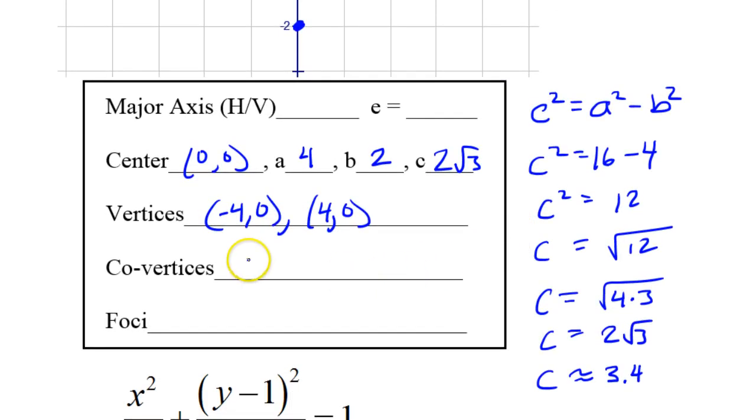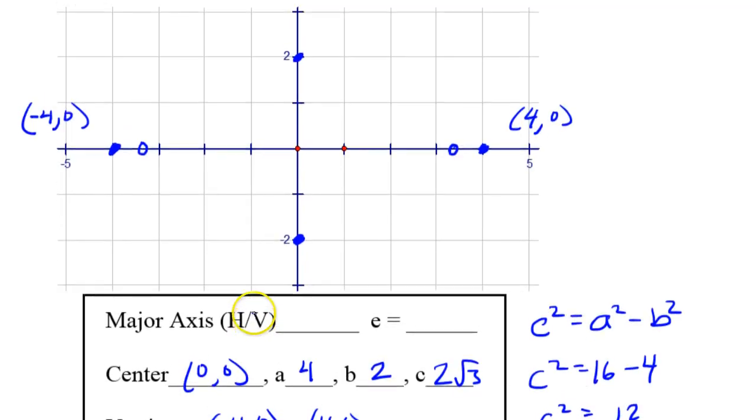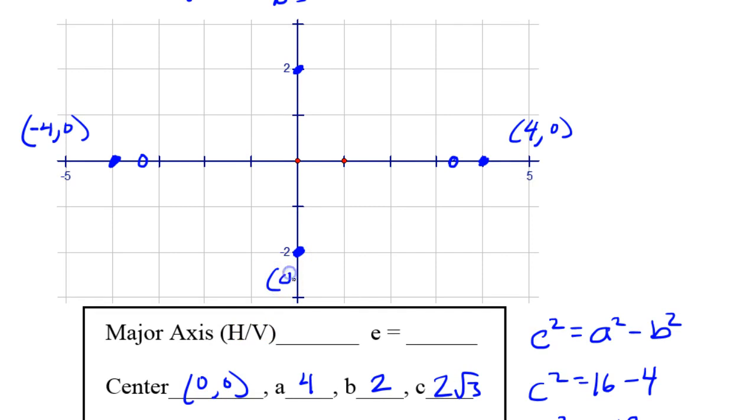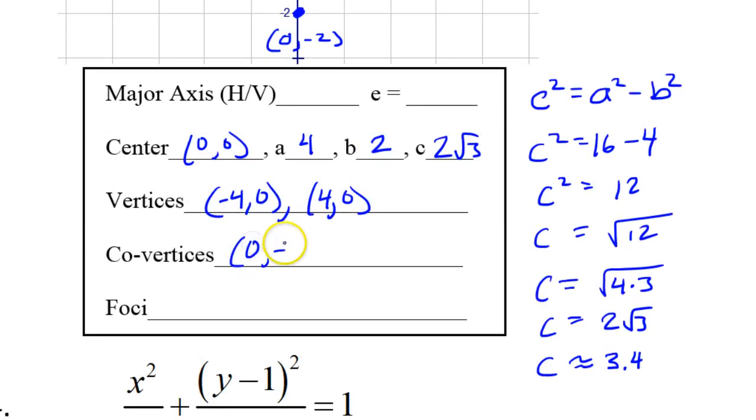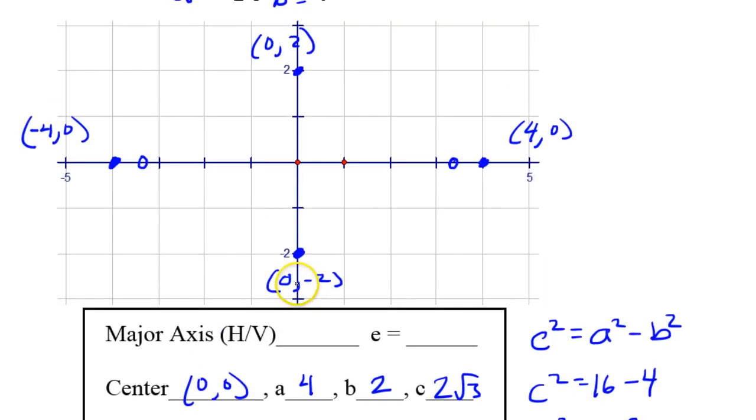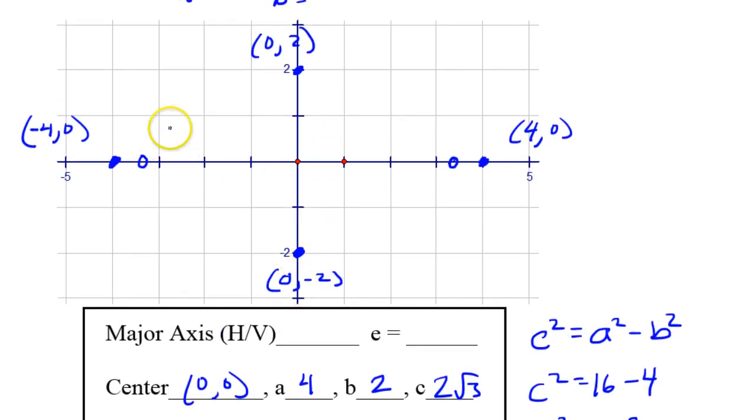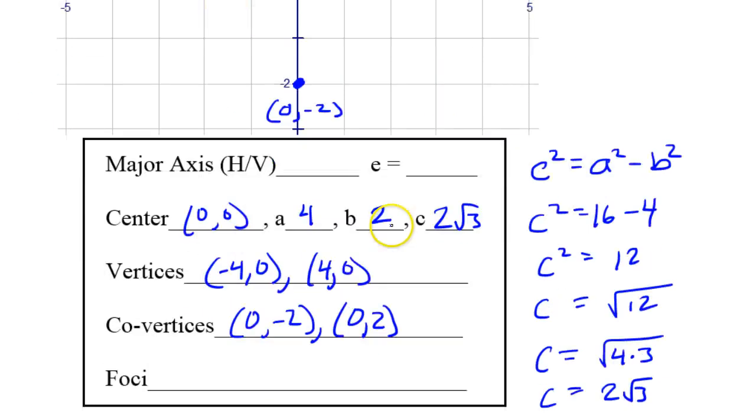Okay, and I forgot to label my covertices, which are 0, -2 and 0, 2. And now I can label the foci, which are, keeping in mind that c is 2 radical 3, this will be -2 radical 3, 0, and this one will be +2 radical 3, 0.